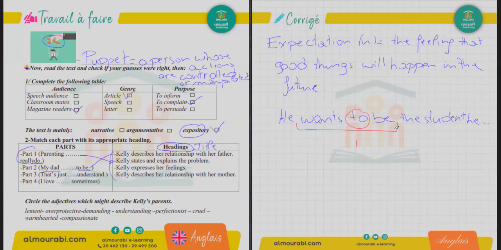Another color. Okay. Let's choose another color. So want someone to do something. Want. He wants me to be the student he never was. ديما فما to هنا بعد want. He wants me to be the student he never was.